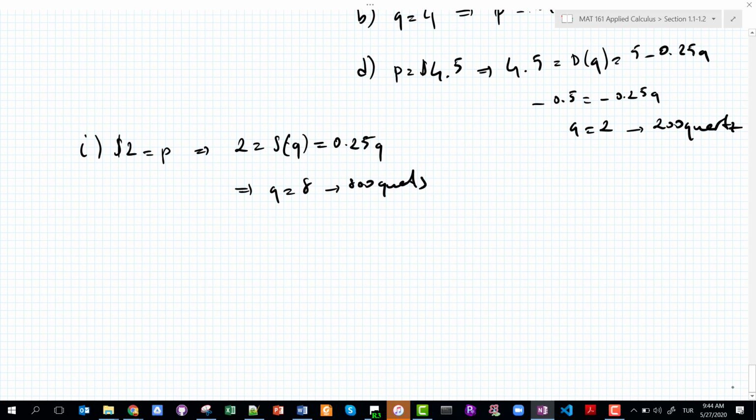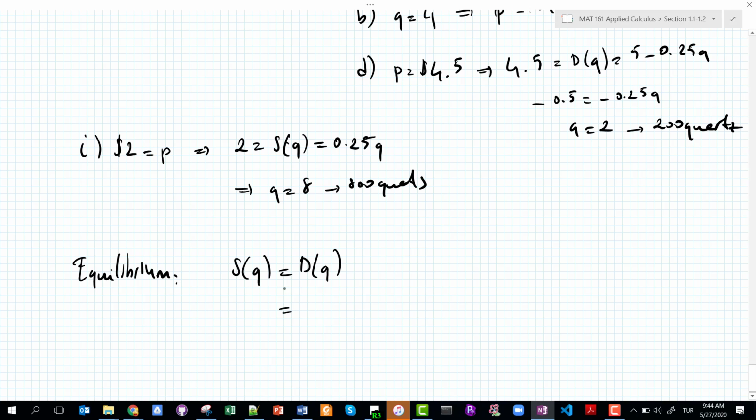So the last problem: what would be the equilibrium point, and what would be the price and the quantity at that point? The thing you should know is that at the equilibrium point, since they intersect, they need to be equal to each other. The supply function and the demand function intersect each other at that point. That's why they need to be equal.